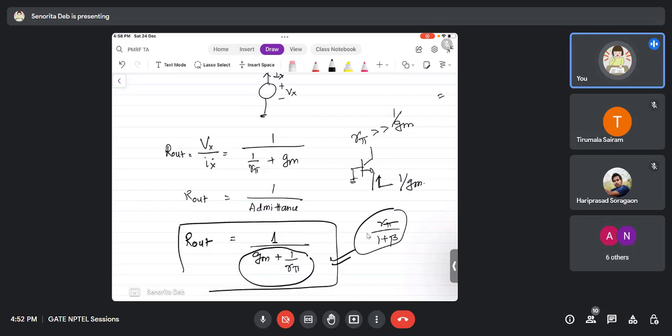The question will come in a way that the complication will be somewhere else. They might increase the circuit, add different elements, but R naught they would have taken as infinity or something. Even if they don't take R naught as infinity, most of the time it will come in parallel with 1 by Gm. You can put the concept and solve it and see.